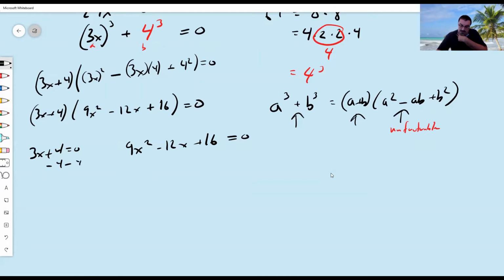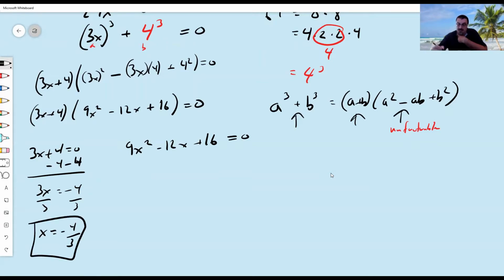So we'll do the simpler one first. So 3x equals minus 4. X equals minus 4 thirds. 9x squared minus 12x plus 16 equals 0 is not factorable. You can check if you want.